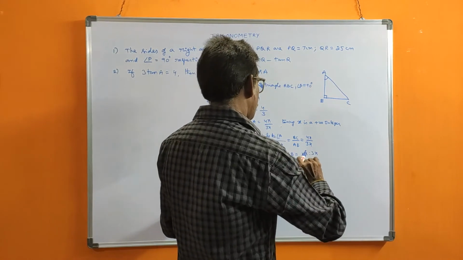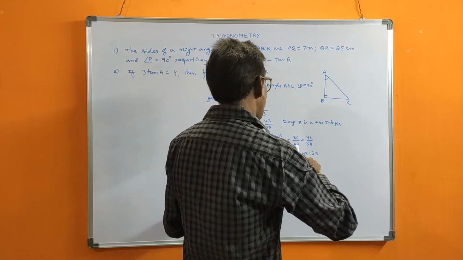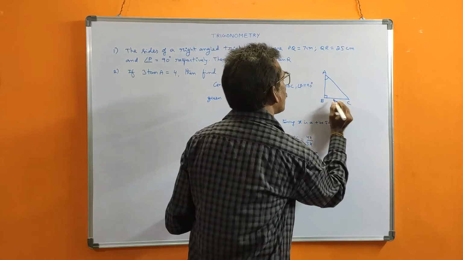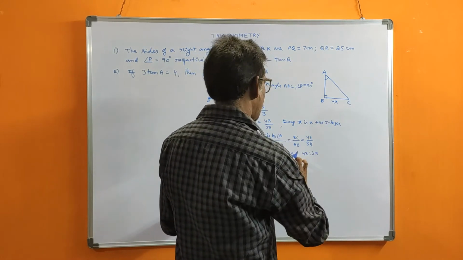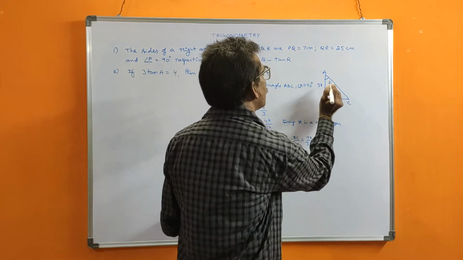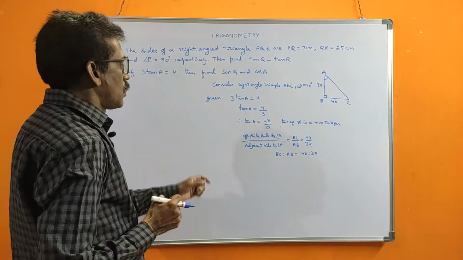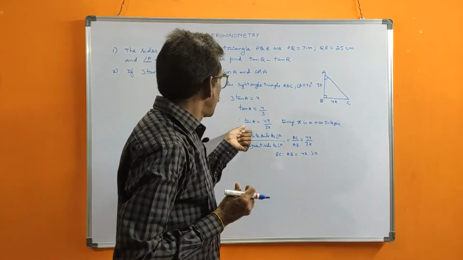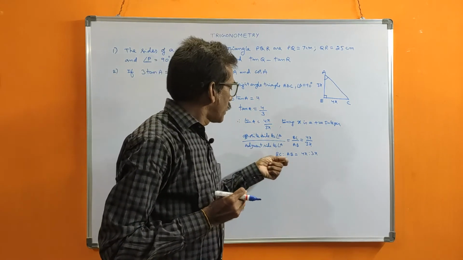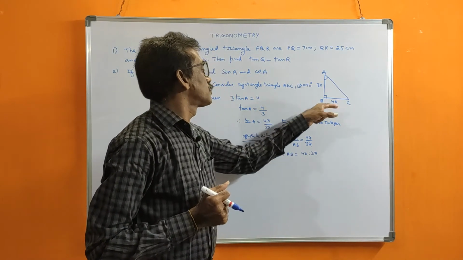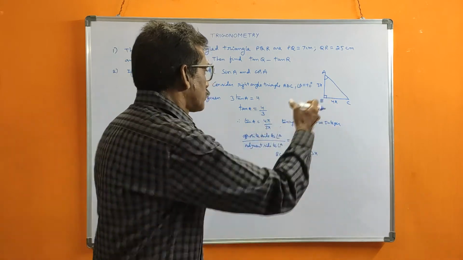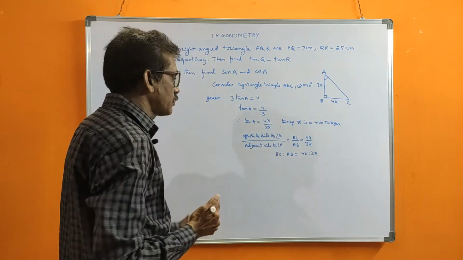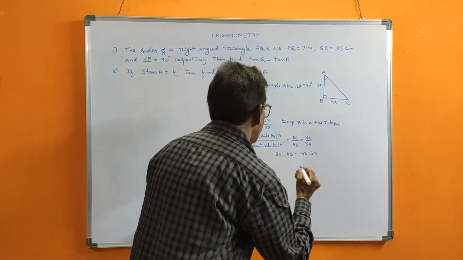So write BC as 4x and AB as 3x. Because he gave tan A, using that only we concluded the ratio of these two sides. So the remaining side AC we have to calculate.